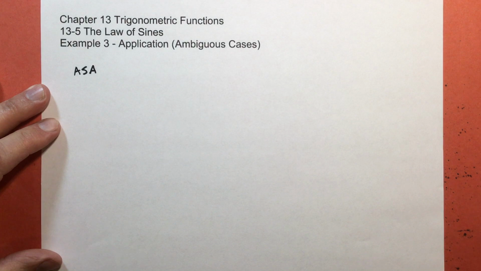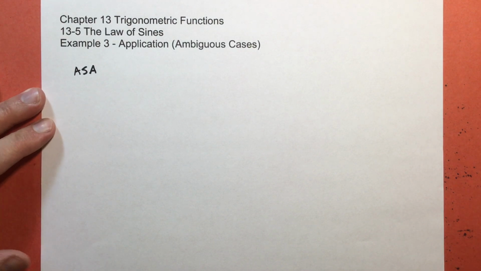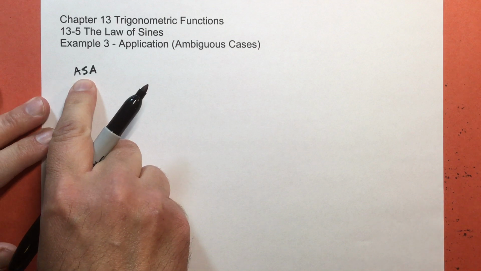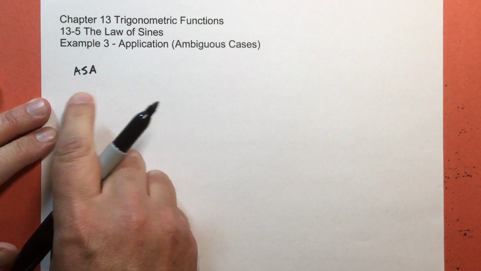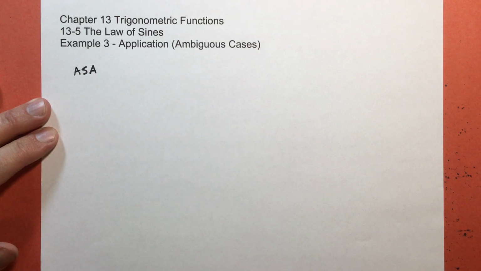Now, angle, side, angle is what we're using for the law of sines, because the angle that is opposite of that side, I can figure out because all three of them add up to 180 degrees. So you saw that with the last example that we did in the previous video. I had 2 of the angles and the side that's between them, and then we could figure out the other angle, and that gives me my ratio for my law of sines. Okay, we got that.